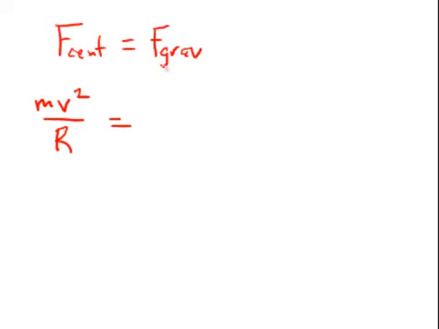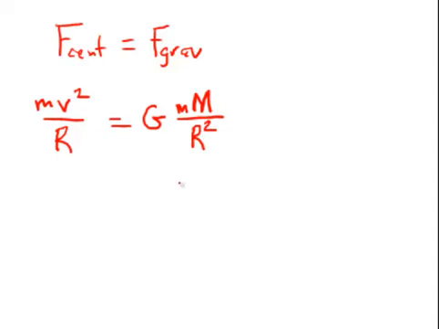And then the gravitational formula is capital G, and it's the mass of the moon times the mass of the planet divided by the distance between them squared. And that would be the radius, the orbital radius as well.